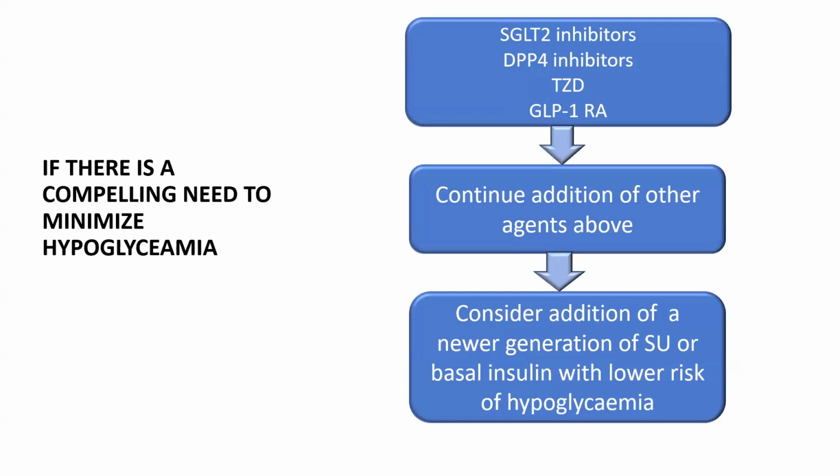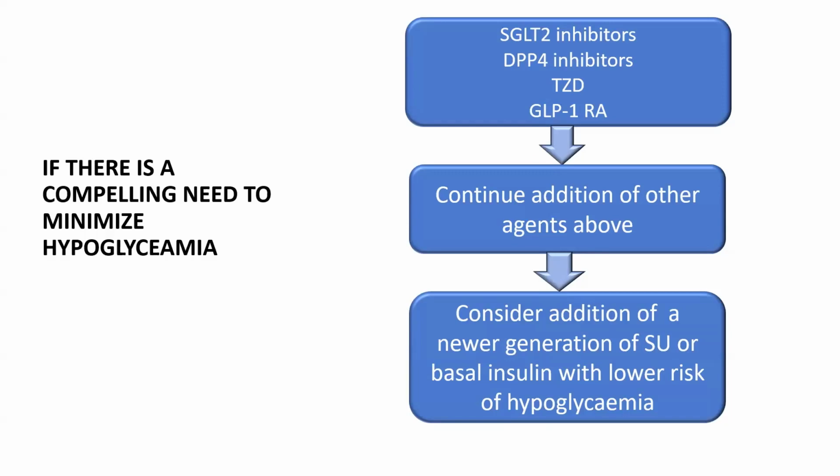If there is a compelling need to minimize hypoglycemia, for example if the patient is elderly or has had previous hypoglycemic attacks, then we have to see what the choice of second line drug is. What is the best second line drug that we can add to metformin in that case? The patient is already on metformin and lifestyle modifications, so you can consider an SGLT2 inhibitor, a DPP4 inhibitor, a thiazolidinedione or a GLP-1 receptor agonist.